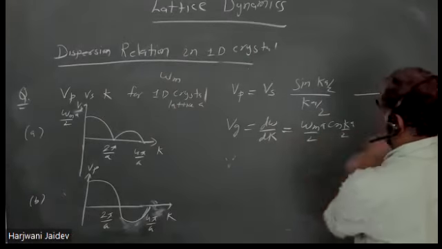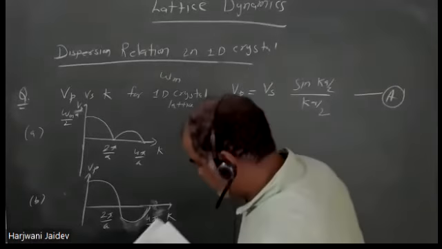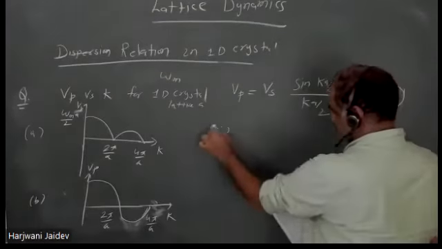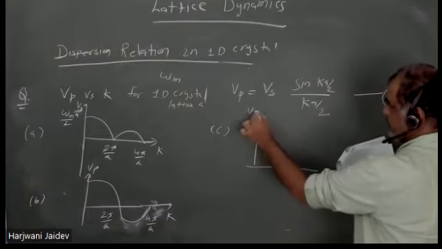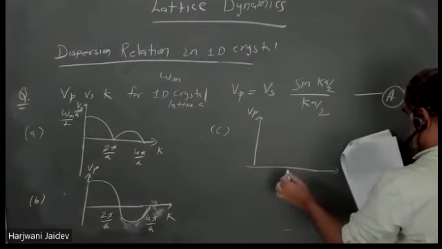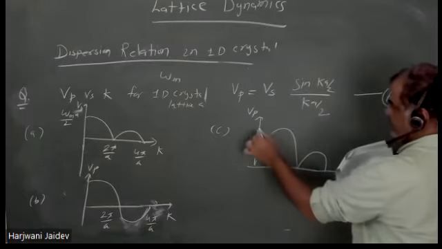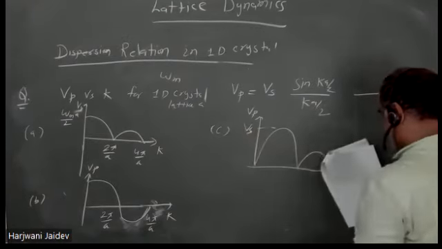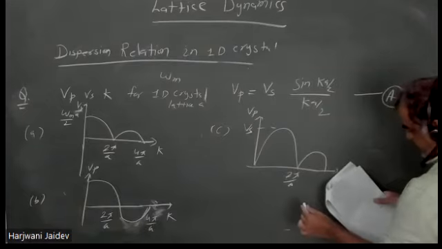Yes, sir. So the first one is correct, no? Let me draw C also. Okay, C is VP versus K. So this is VS, 2 pi by A, and this is 4 pi by A.